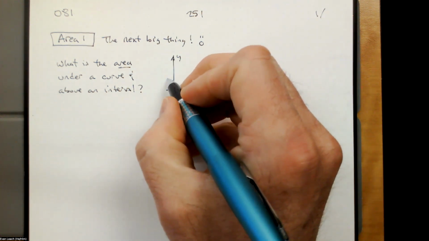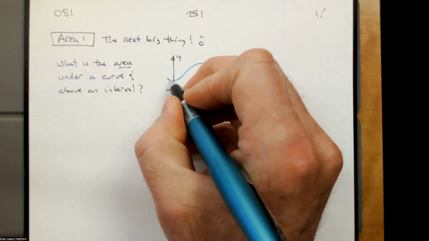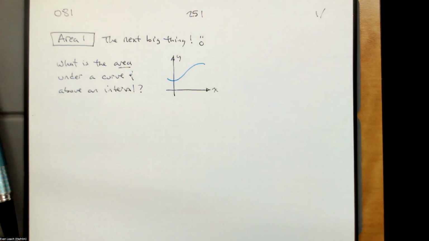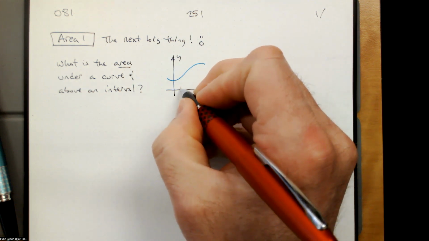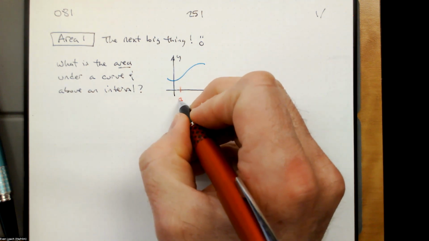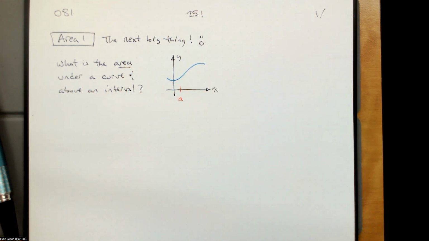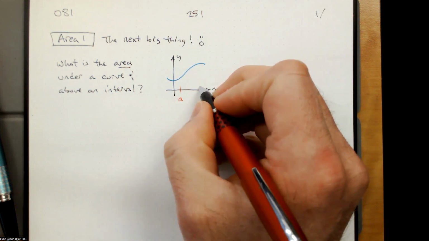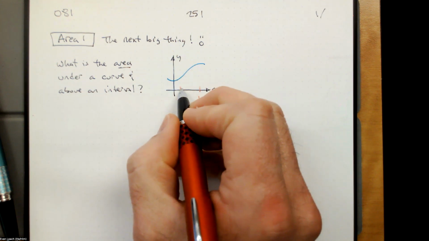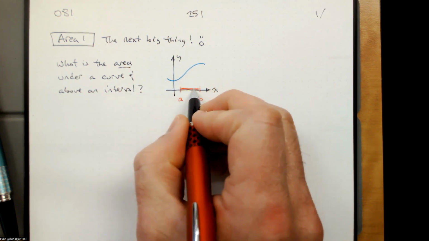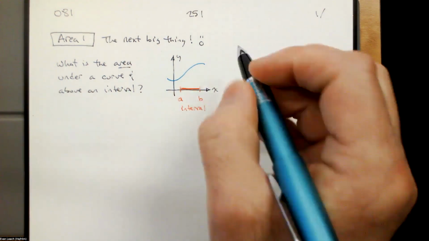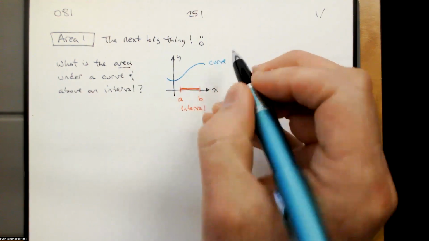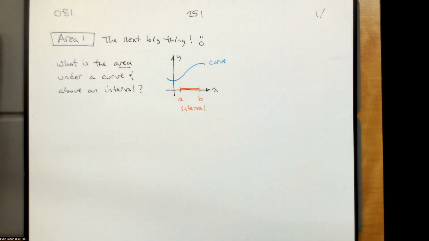So we'll have some curve and above an interval, let's say from A. So we're just defining a top and a bottom for our region.